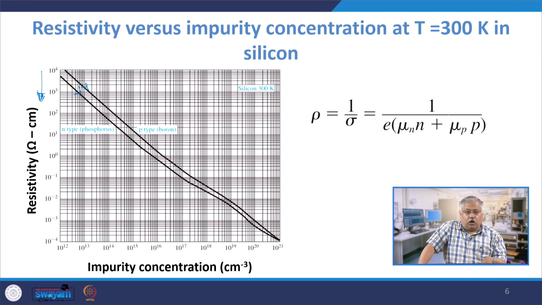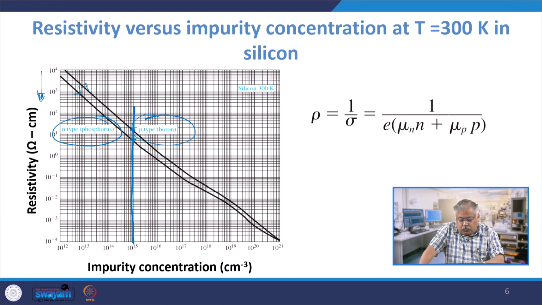If you look at the n type material, which is phosphorus here, and the p type material, which is boron here, in both cases, as the impurity concentration goes on increasing, the resistivity decreases, which means the device becomes much faster at higher values. You see one more thing: for the same impurity concentration, the resistivity of p type is slightly larger compared to n type, primarily because electrons typically have larger mobility than holes.